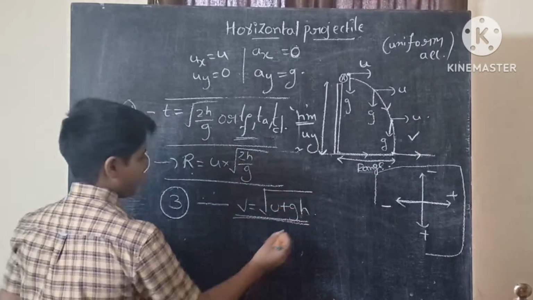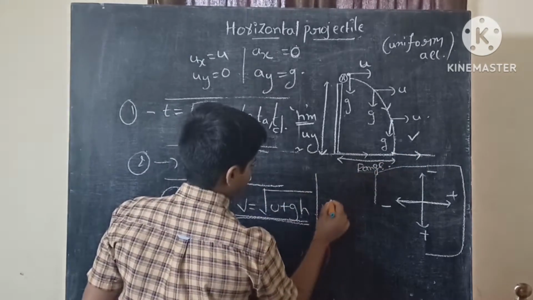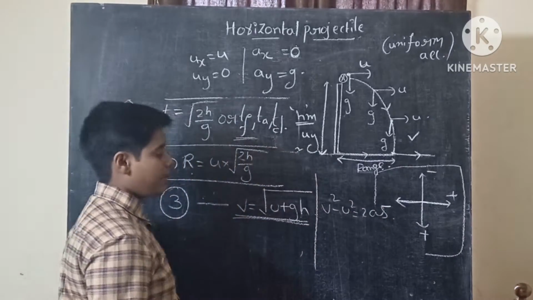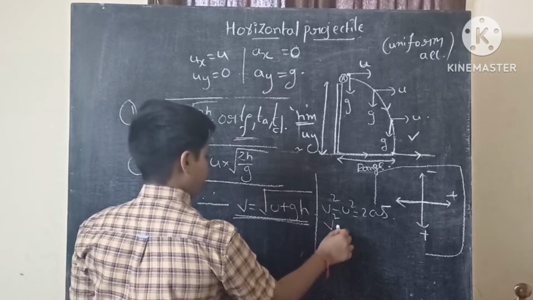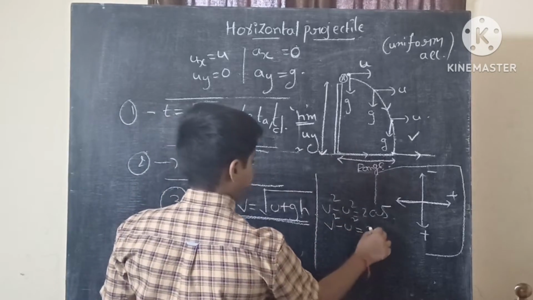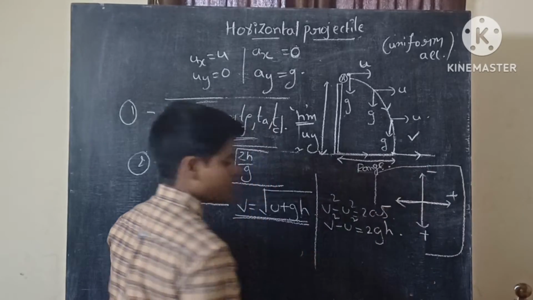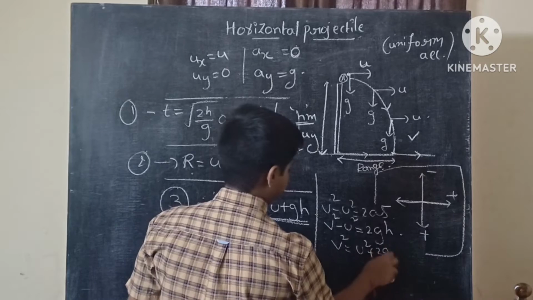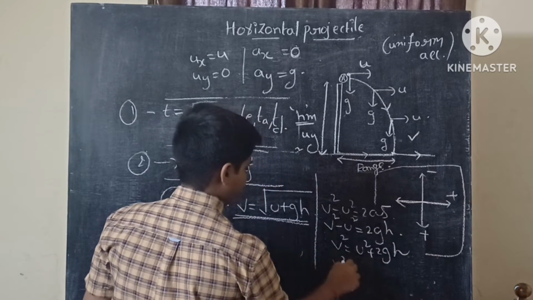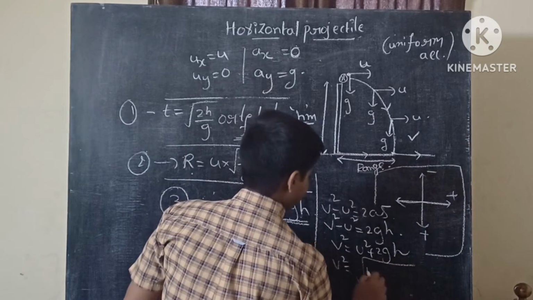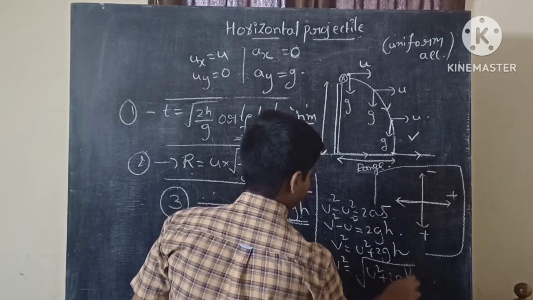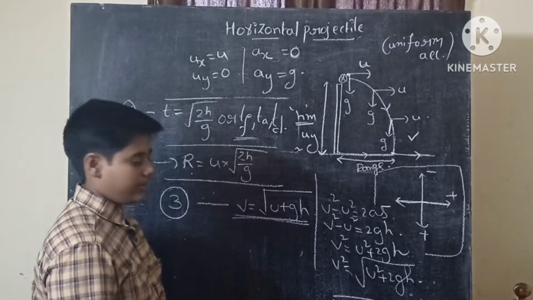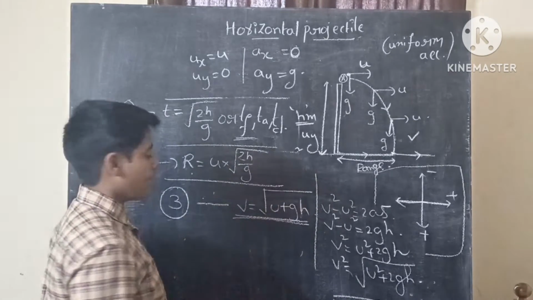Here I am deriving this formula, using v square minus u square equals 2as. So I am using v square minus u square equals 2gh. Okay, so v square equals u square plus 2gh. This is for after time t.